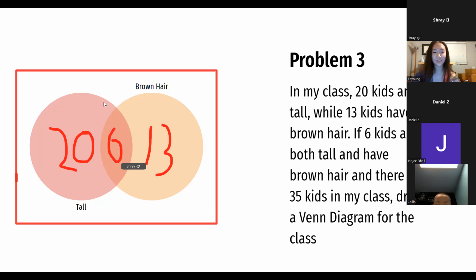So rude. You got the answer correct. Who's drawing? Oh, Shrey. Okay. Wait. You're 5'5". I'm 5'5". That's kind of sad. I don't get this question. Yes. Because there are 35 kids and 20 kids.